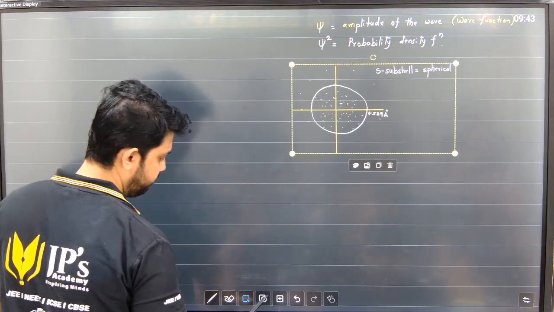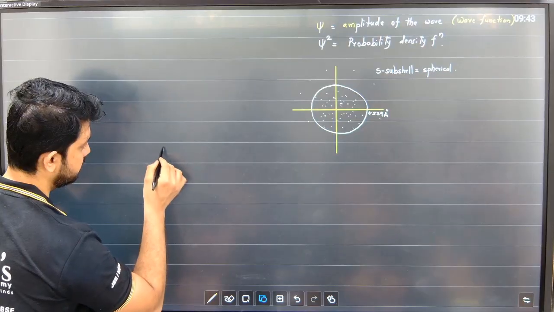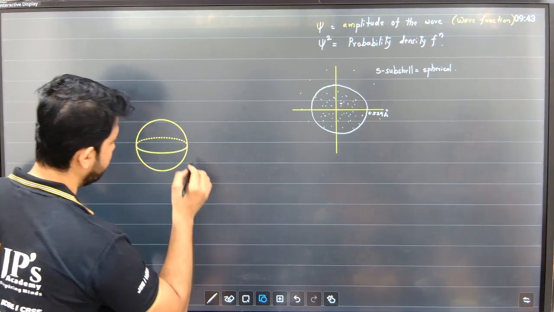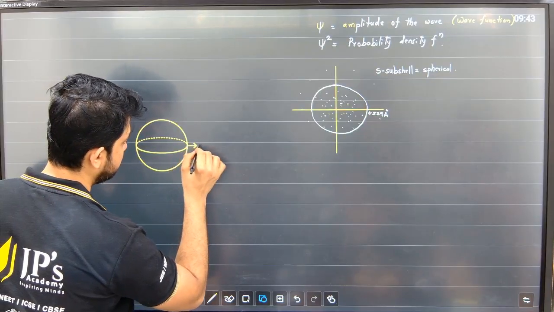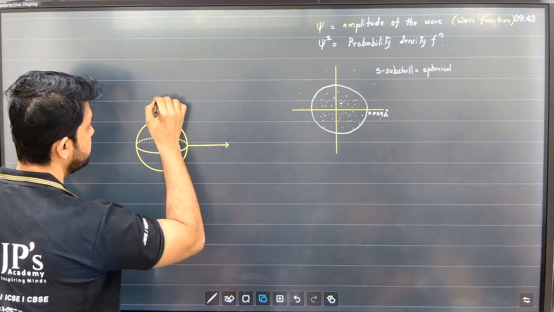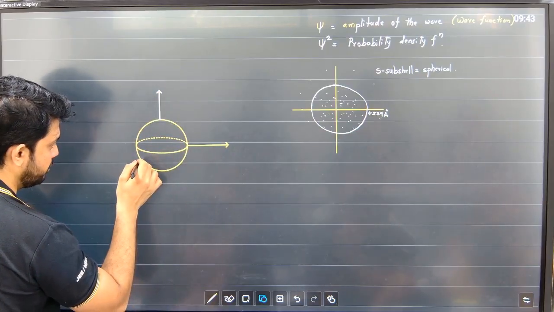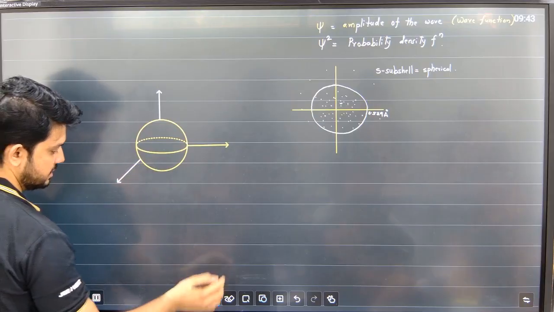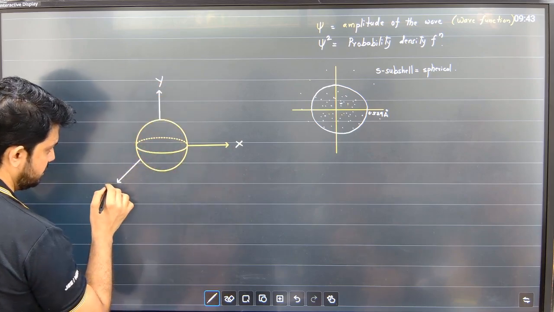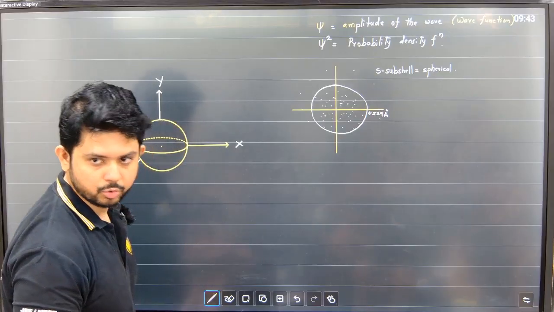ऐसे बना सकते हैं, and where you have x axis, यहाँ पे people y axis, और यहाँ पे coming out from the board will be z axis, x, y, and center में क्या है people? Nucleus.